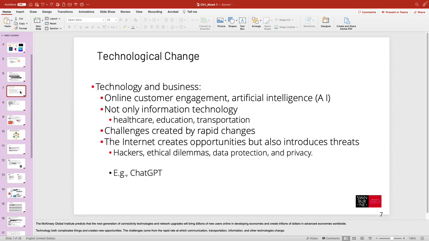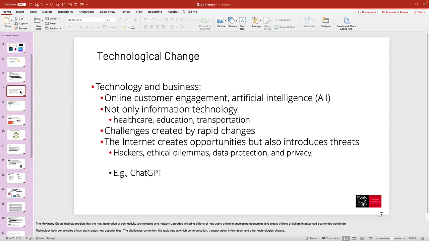We talk about hackers, and some recent examples in Australia were Medibank and Telstra. We talk about ethical dilemmas: who owns this content, who created the content, data protection, and privacy issues, because we can access a lot of information on the internet. Who are the owners? These are the kinds of things we need to answer.